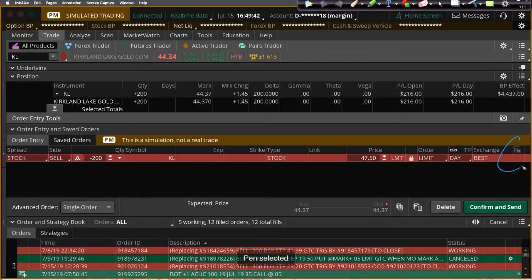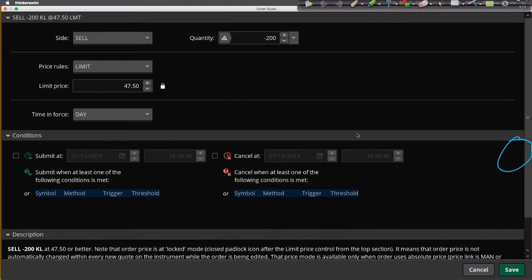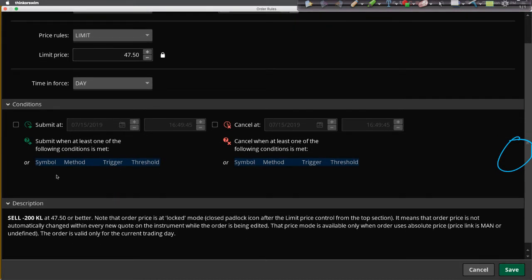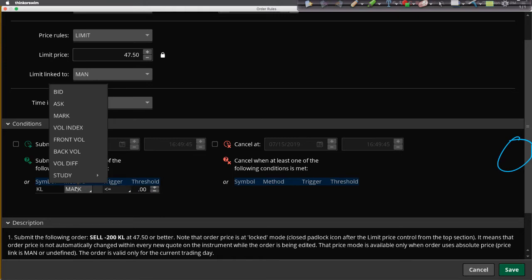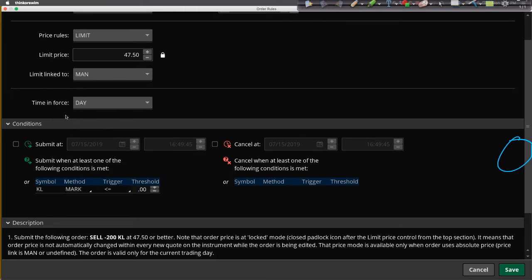Over here on the right, they've got this little cogwheel, and I can click on that, and that'll open up a contingency order ticket that will allow me to set criteria off of different things, to submit the order at different times, et cetera. And I can say, well, I want to sell if the mark price, that's the middle price, gets higher, greater than 47.50. You can choose different methods, but the mark price works.